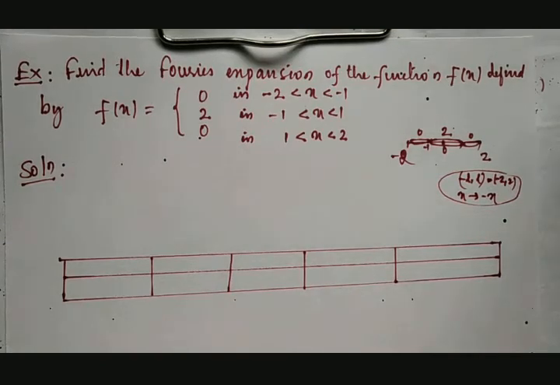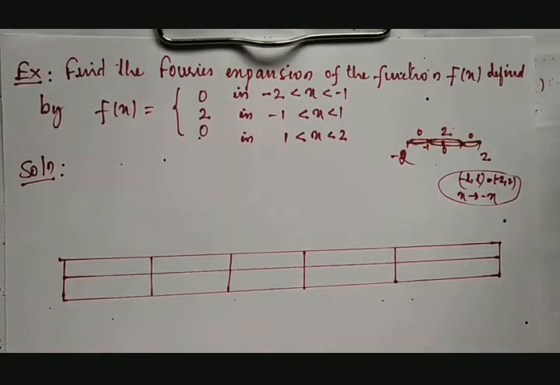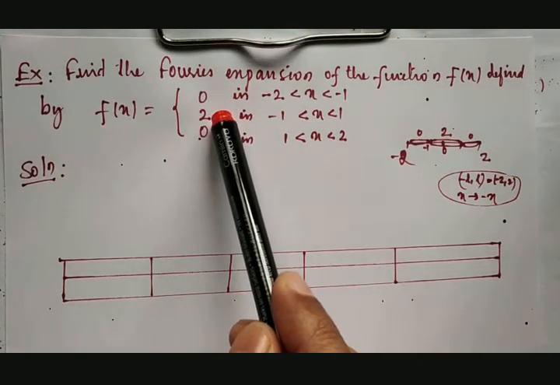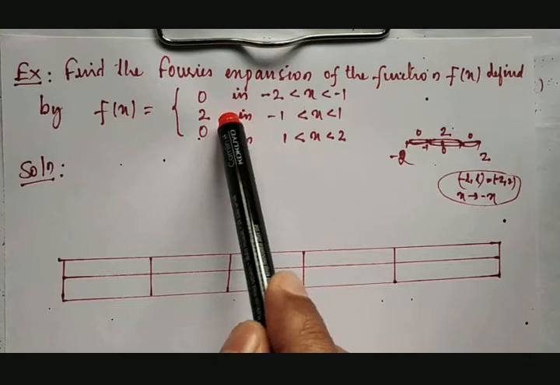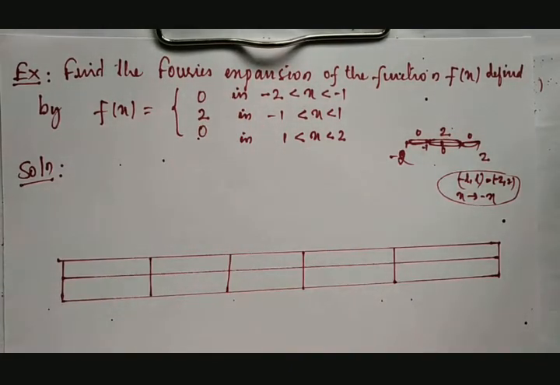But if we get a double valued function, then after the replacement, if the first function is the same as the second function, it will be even; if the first function is the same as the second function with a minus sign, it will be odd. But how do you compare these things? That is the main issue.